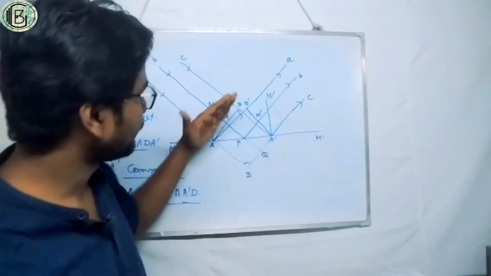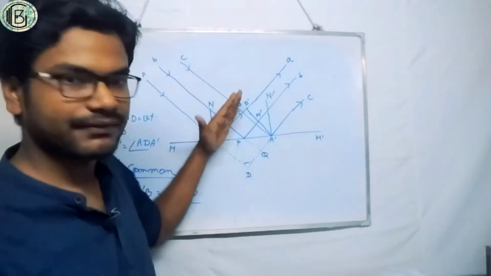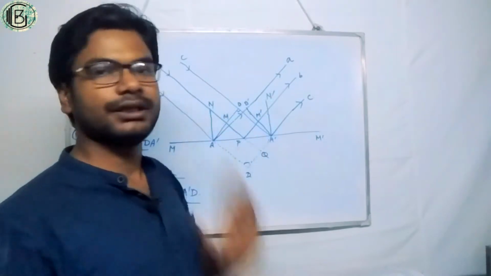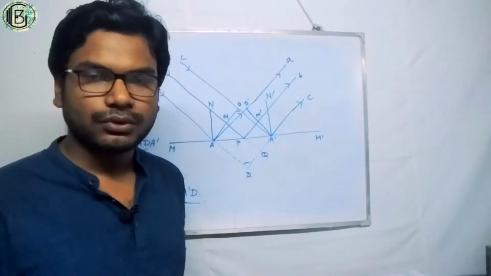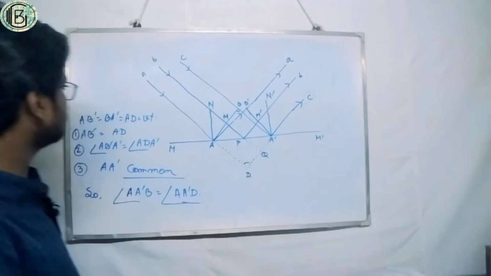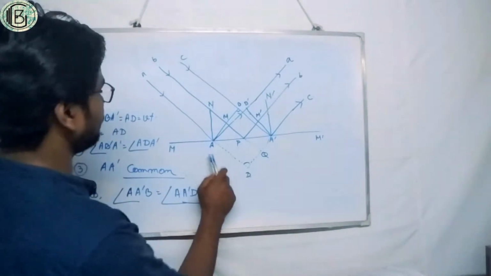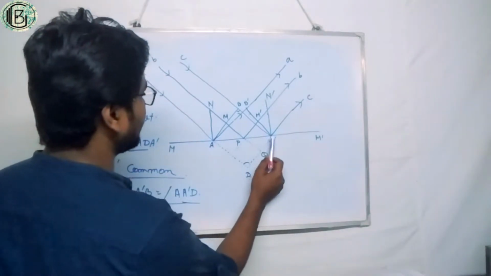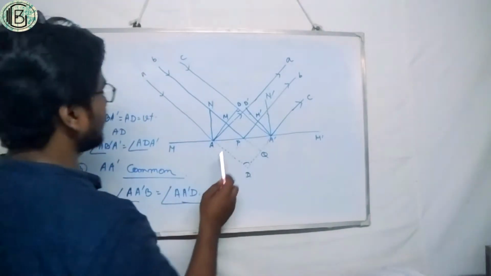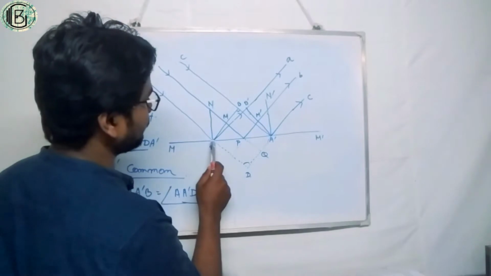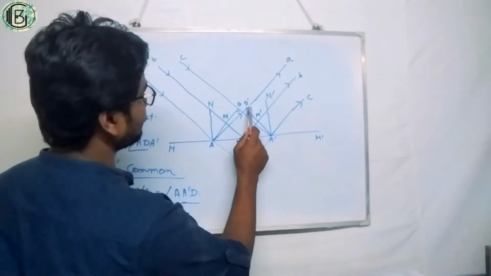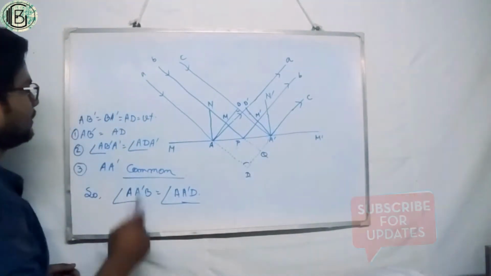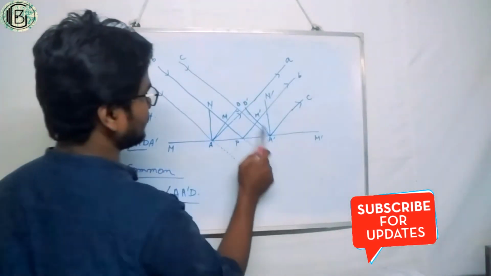So before the time t, the wave is here. After the time t, the wave is here. Now we are taking AB prime equal to A prime B. Now AB prime is this path and BA prime is this path.